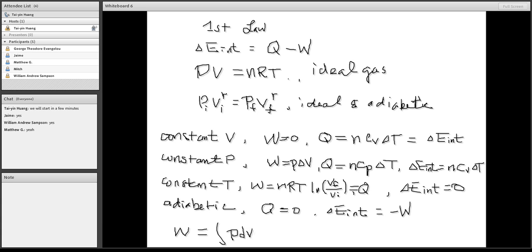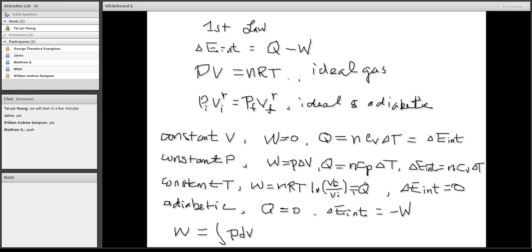If this is an ideal gas, you can express P in terms of nRT over V, or you can also use the PV to the gamma equation, and then plug into this expression to calculate the amount of work. Or if you prefer, you can use nCv delta T to calculate the change in internal energy. I think that's an easier way to do it, so long as you know the temperature change.